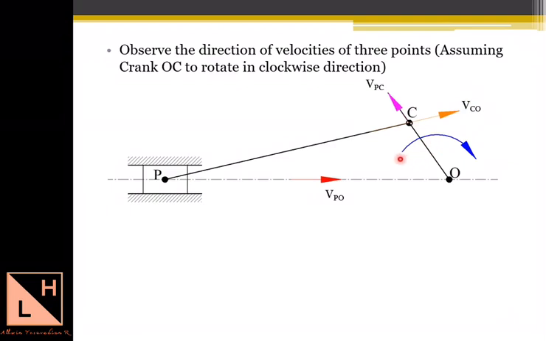Since this is moving in the clockwise direction, VCO will act in the right direction. In case the same crank was given anti-clockwise rotation, then the velocity VCO would have been acting in the left direction. Anyway, here we have assumed that it is going to act in the clockwise direction. So VCO, that is the velocity of point C with respect to O, is acting in the right direction. So that is the first velocity.